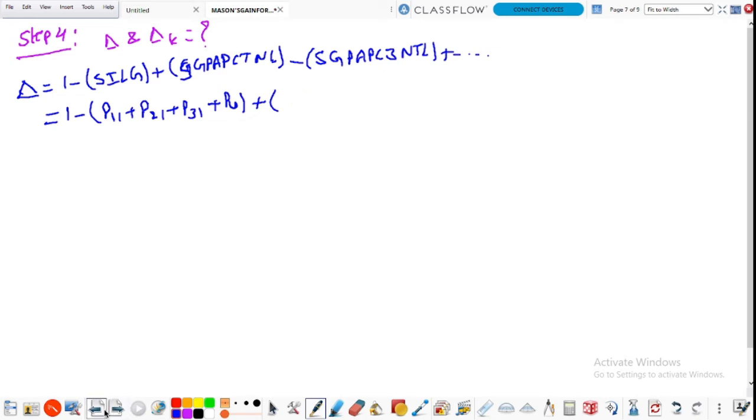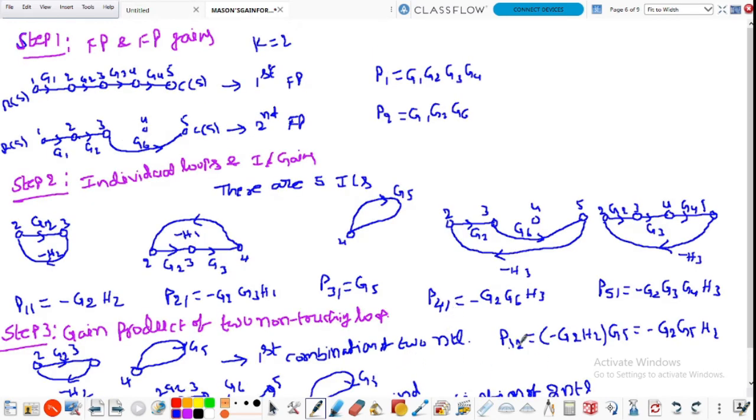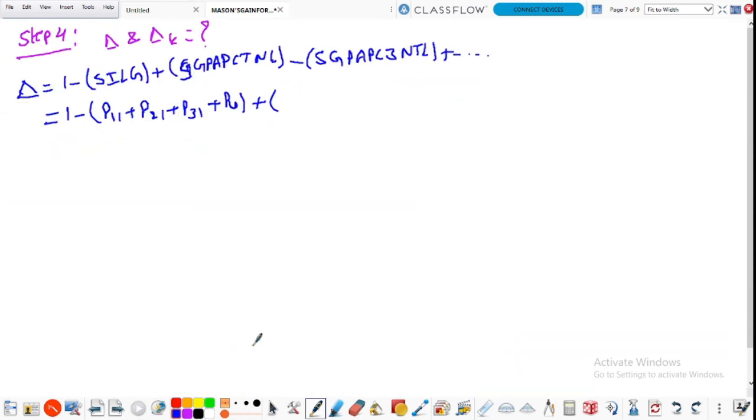So these are the gain products of two non-touching loops, P12 and P13. Minus, given that there are no three non-touching loops, there is no sum of gain products of all possible combinations of three non-touching loops.